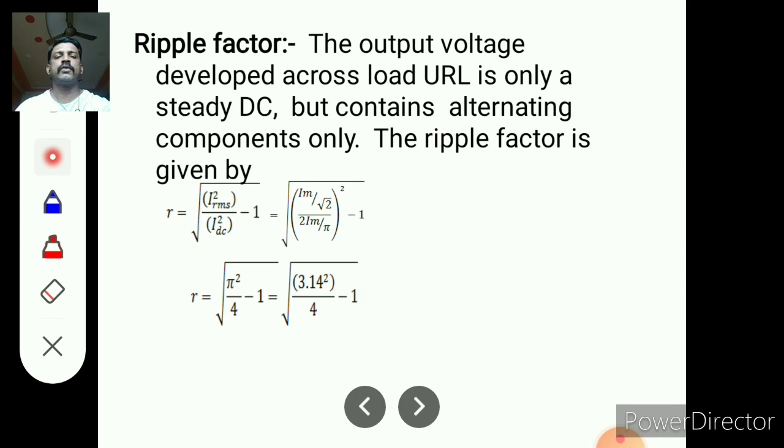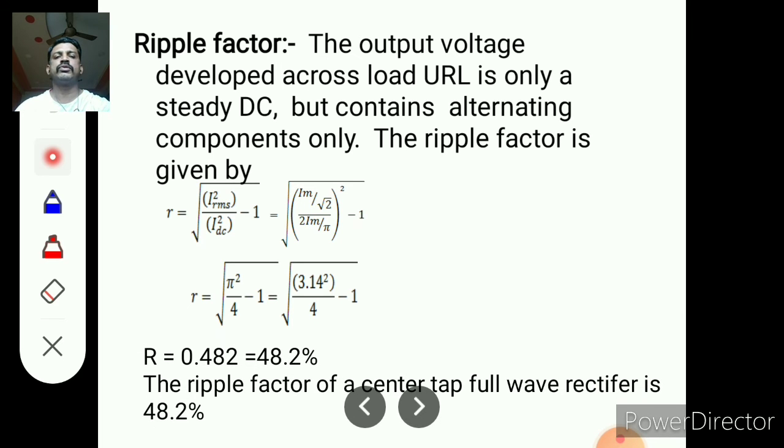Therefore, Im will get cancelled: r equal to under root of pi square upon 8 minus 1, where pi is 3.14, so r equals 0.482 or 48.2%. Thus the ripple factor of the full wave rectifier is 48.2%.